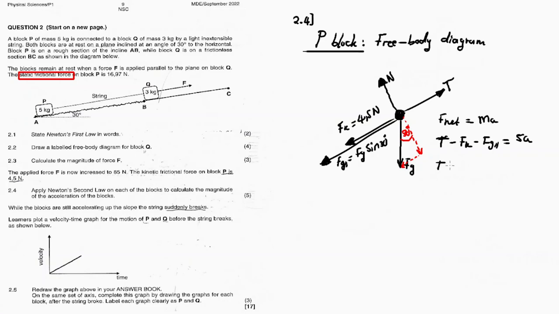Tension unknown minus F_K 4.5 minus F_G, so it's M, it's 5 mass, gravitational acceleration 9.8, sine 30 degrees, equal to T minus 29 equal to 5a.